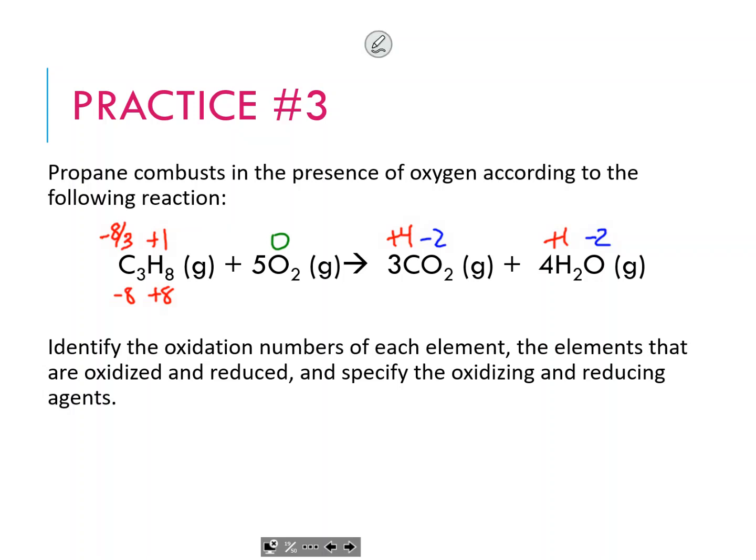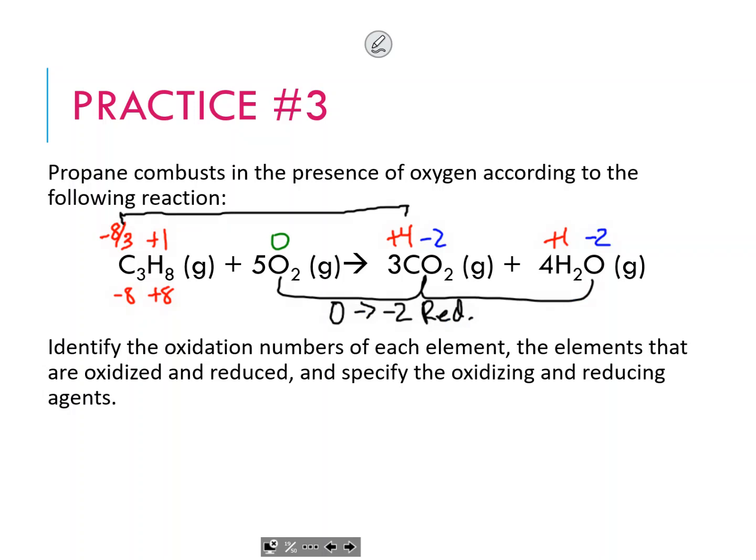So O is going from 0 to -2, 2 places. That means oxygen is reduced, good. And the carbon going from a negative 8/3 to a +4, increasing in oxidation state, so that means oxidized for the carbon.